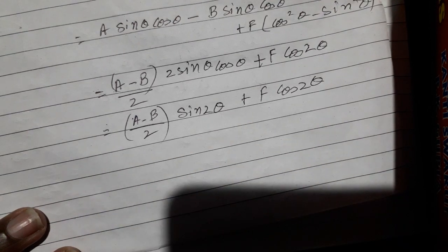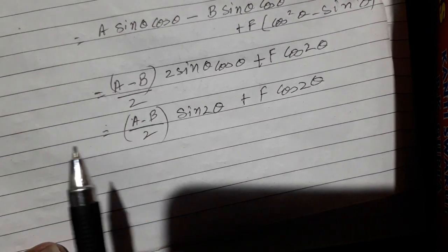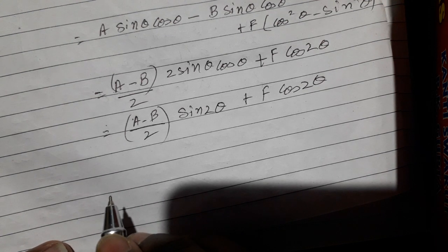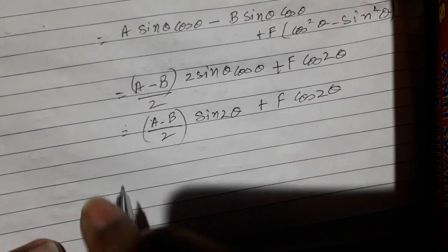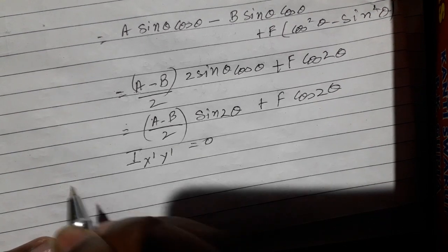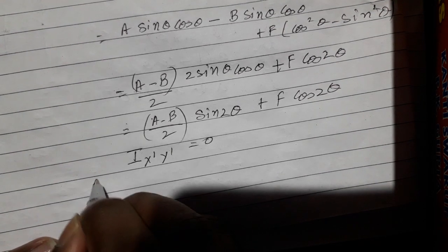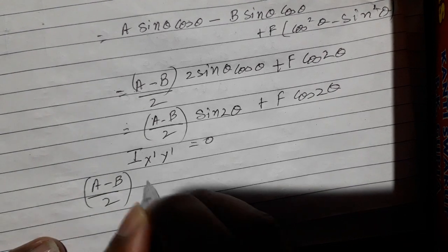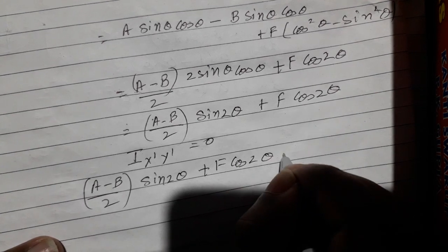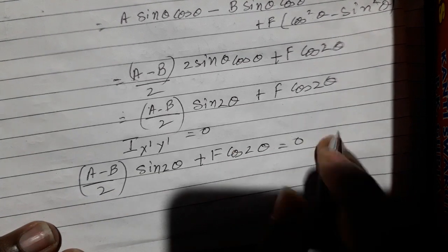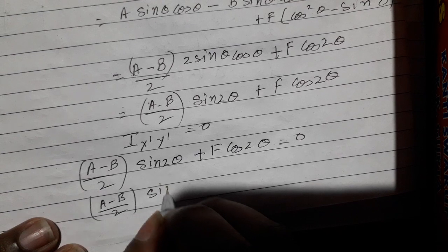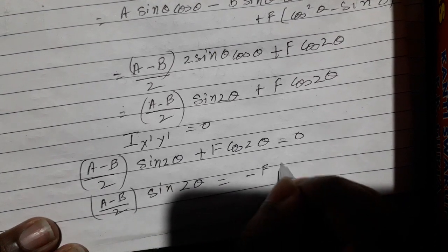Now since OX dash and OY dash are the principal axes, the product of inertia should be 0 about that plane. So we take I x dash y dash to be 0. Then (A minus B) by 2 sine 2 theta plus F cos 2 theta equals 0. Taking this to the other side, (A minus B) by 2 sine 2 theta equals minus F cos 2 theta.